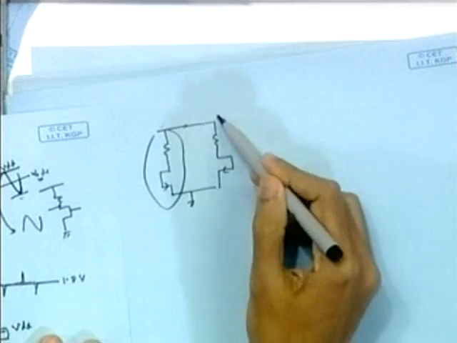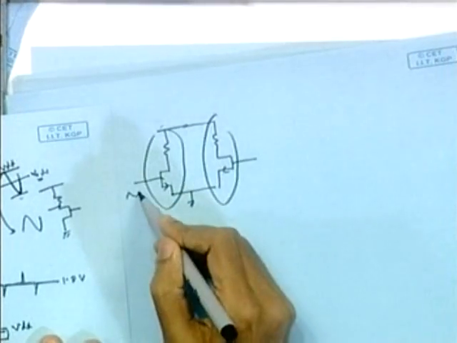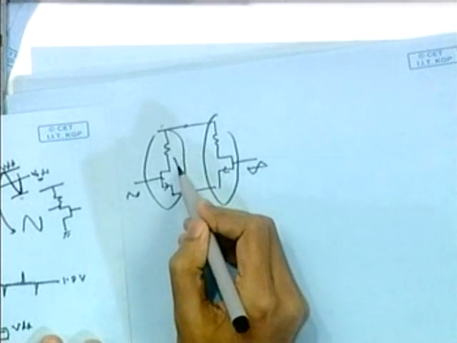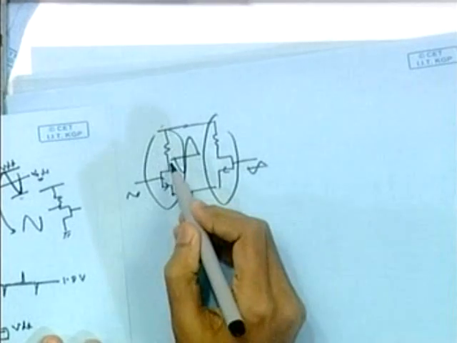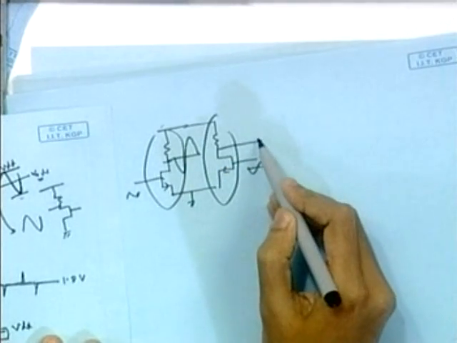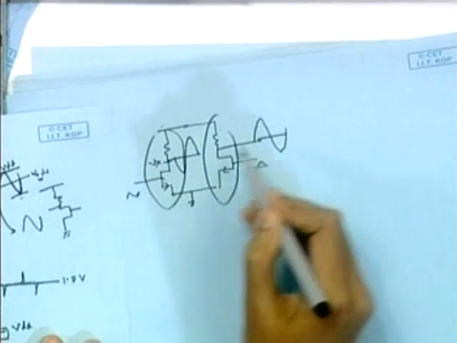This is a single stage, this is a single stage. Input we are giving like this. This swing we are getting here, and at this point, call it Vx.